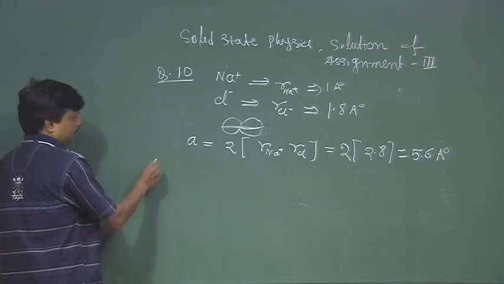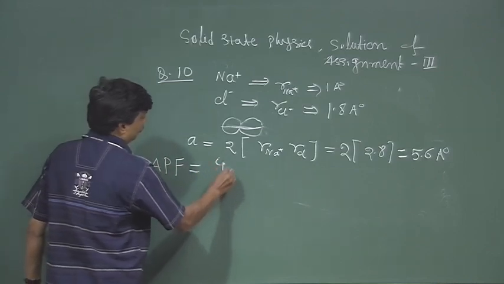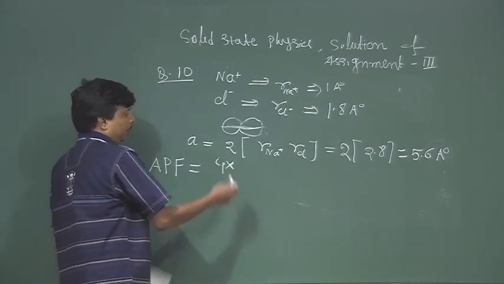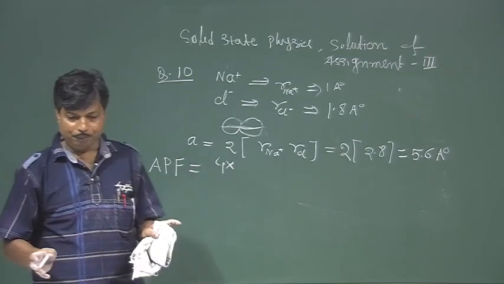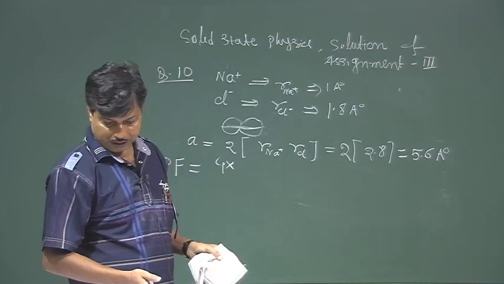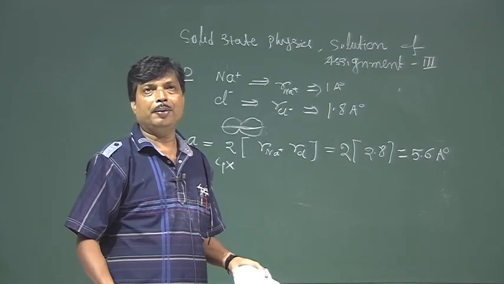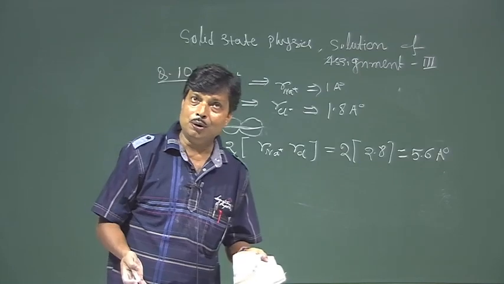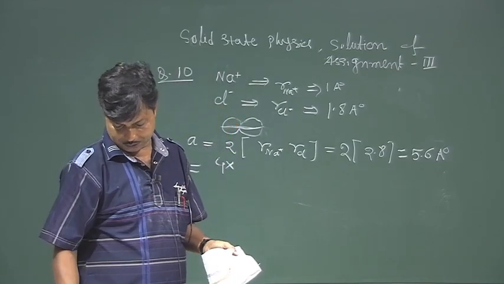So, the atomic packing fraction is the volume occupied by the atoms in the cubic crystal divided by the actual volume occupied by the lattice cube.